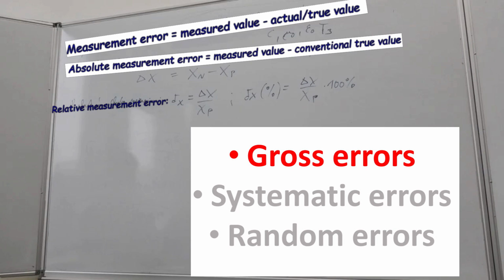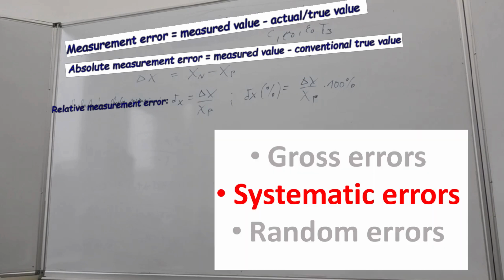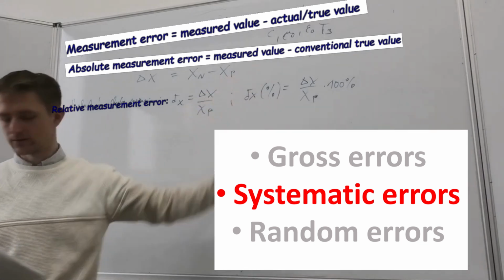And as I'll explain later, the more partial measurements you take, the more precise the overall measurement. Then we have systematic errors. These are caused by two main causes: the imperfection of the instruments used and the imperfection of the measuring method. Systematic errors lead to values that are either permanently higher or permanently lower than the true value or the conventionally true value.